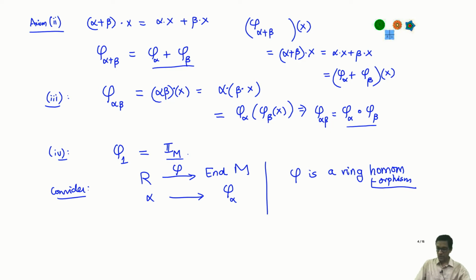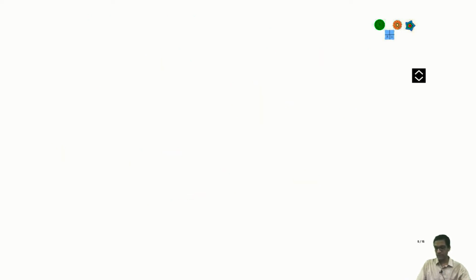And as you can easily check, you can go back the other way around as well. In other words, if you're given a ring homomorphism, you can from that construct a module in the usual sense of the word. So here's definition 2 of modules.